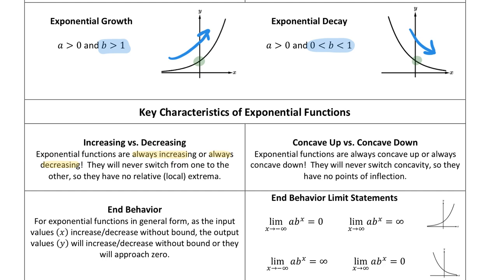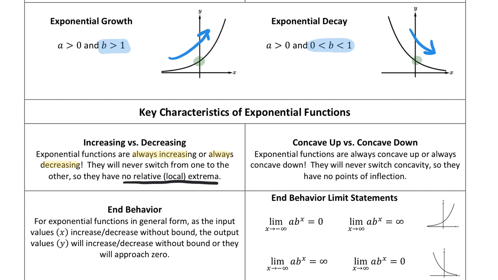Since they will never switch from increasing to decreasing, what that means for us is that we have no local extrema, no relative extrema. There's never going to be a maximum or a minimum value because it never changes from increasing to decreasing.